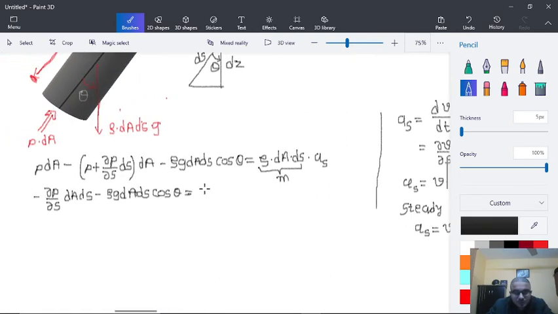So here we will have rho into dA ds into v del v over del s.